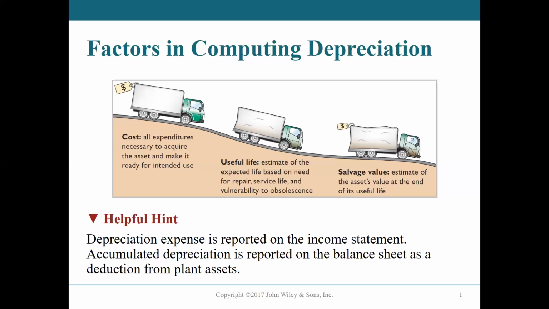So that's the cost. The next factor we have to consider is the useful life. How long do we expect to use this asset or to generate revenue with the asset? Sometimes people think that means we're going to use an asset until it's completely used up, and that's not always true.